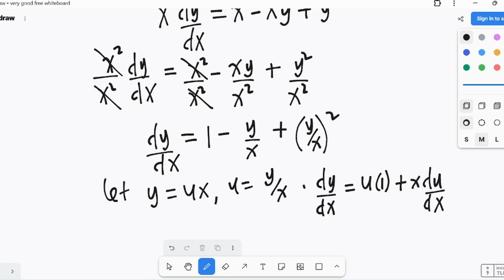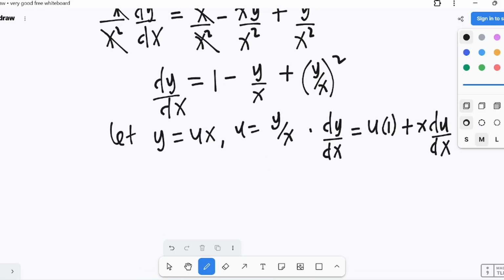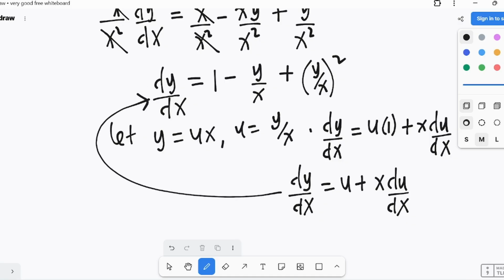We use the product rule there. Simplifying that, we have dy by dx is equal to u plus x du dx. Now we are going to substitute it here.